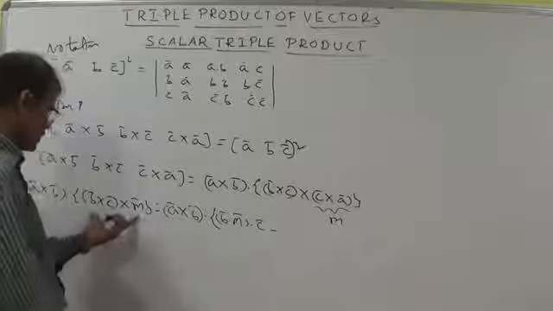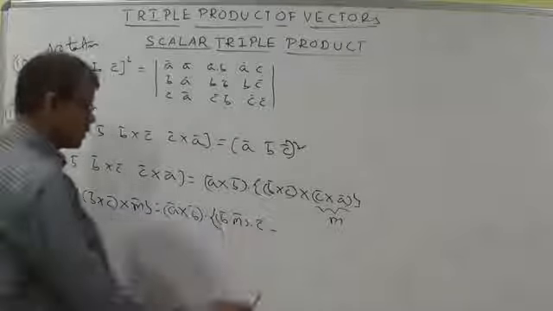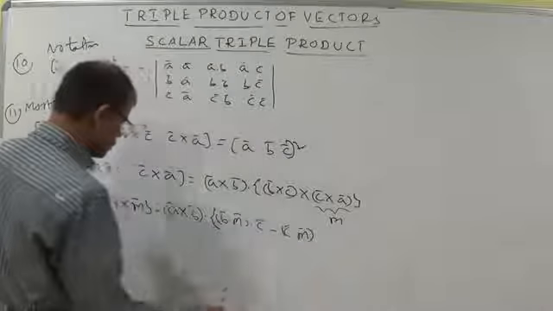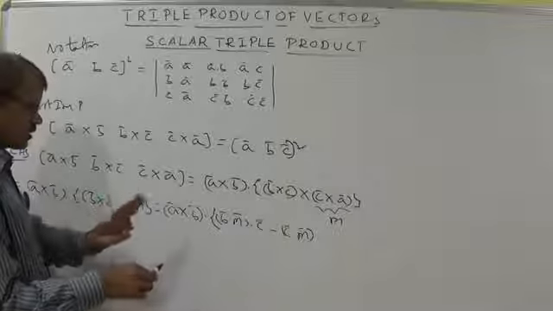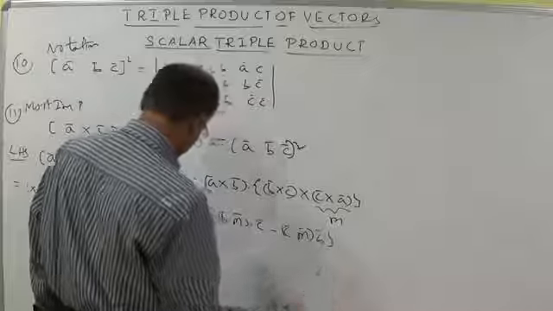So B, C, M is there; B, M, C you had written. B here you used, so here you should write C bar. C bar dot M bar into the vector which is outside you have taken inside, and of the three letters, another letter is taken outside. So B bar you write here.